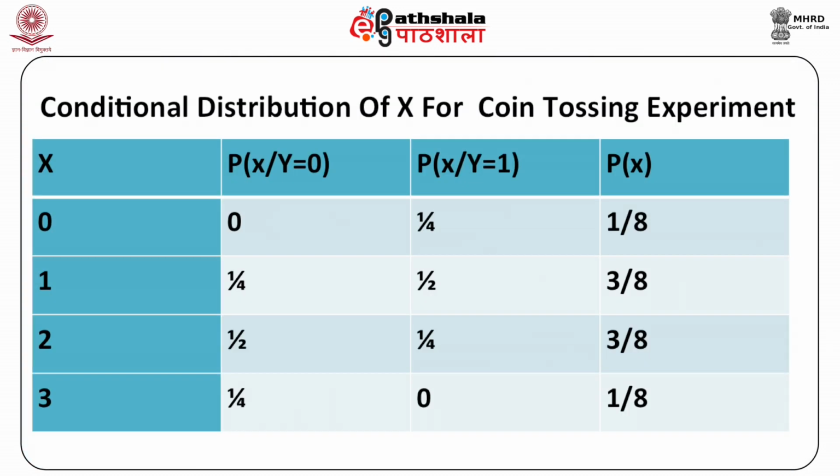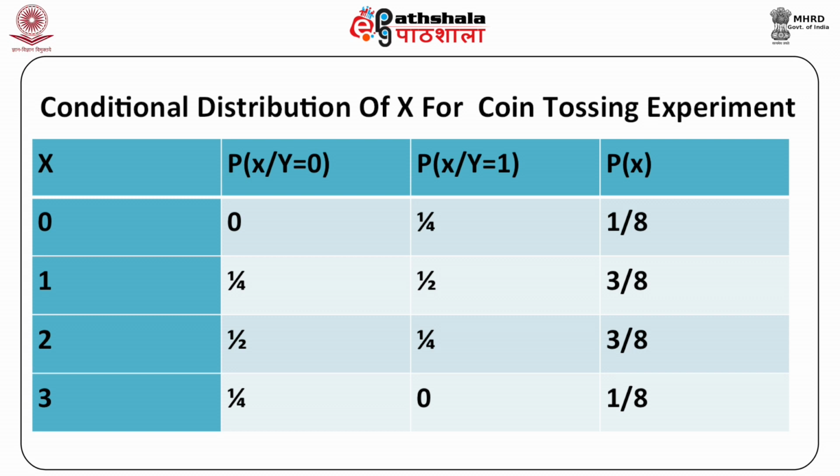Thus, in the example of a coin tossing experiment, the conditional probability of X given Y equal to 0 is obtained by dividing each of the joint probabilities of P(x,0) listed in the second column of the table by the fact that P(Y = 0) is equal to half.